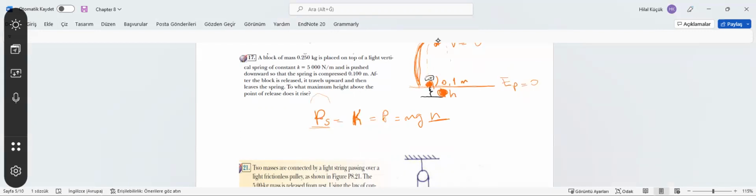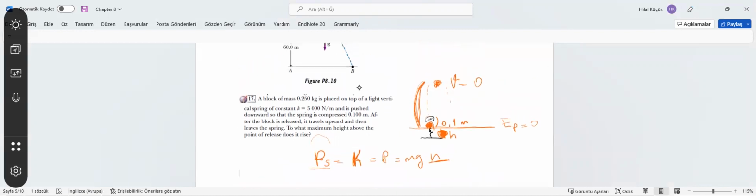Maximum height means at its maximum height, your velocity will be 0. So I don't take kinetic energy at this point because it will be 0.